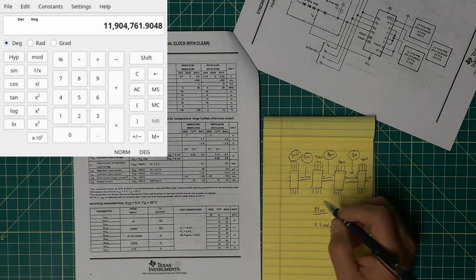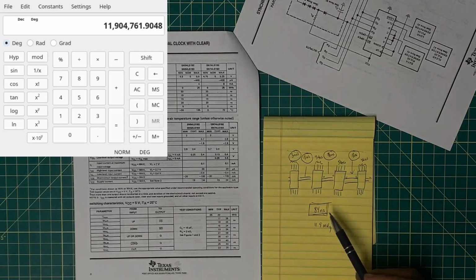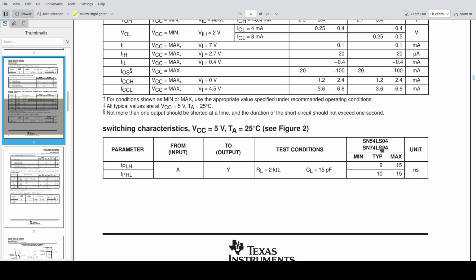Now, the other way of looking at that is that this 84 nanoseconds becomes the delay that I need to build in between the increment and the end latch. Now, if I look at the propagation delay of an inverter, which is what I'm using, a single 74LS04 inverter, it's going to be 9 or 10 nanoseconds, depending on whether it's propagating from low to high or high to low.